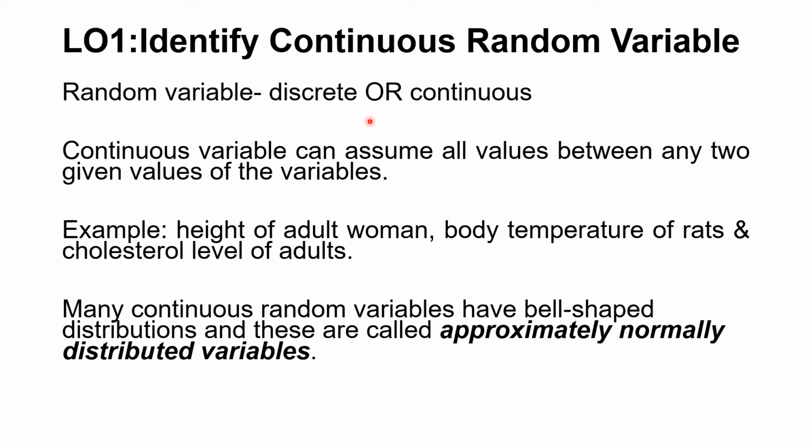And cholesterol levels of adults, given in point form, say like 5.6 or 11.1 and so on. Many continuous random variables are assumed to be approximately normally distributed, and if plotted as a function, they form a bell-shaped curve. These are known as normal distribution variables.